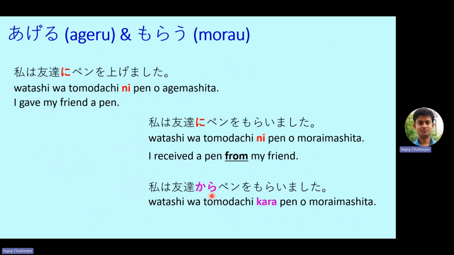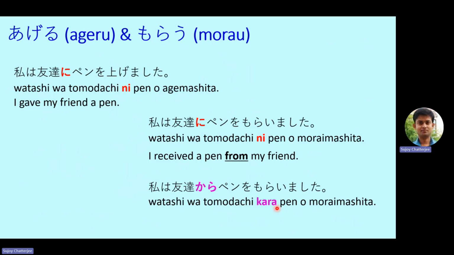So here again we can use watashi wa tomodachi kara pen o moraimashita. So from a friend. So earlier it was from a place, from a time, or reason kara consequence. And this is now the fourth application where kara is used to represent something received from someone.